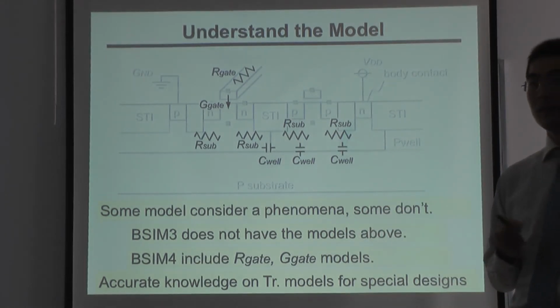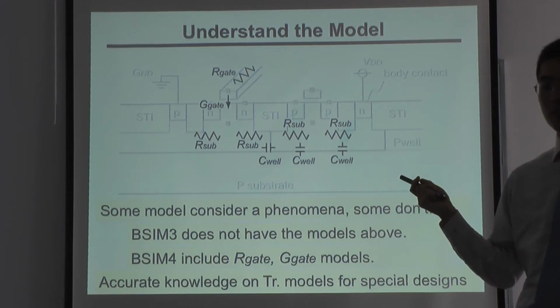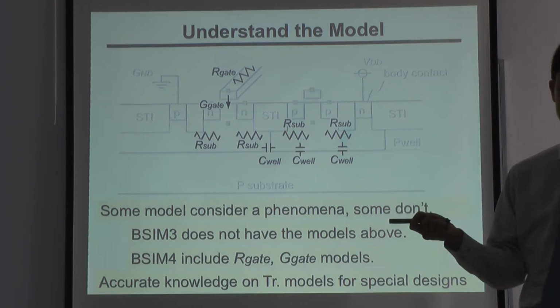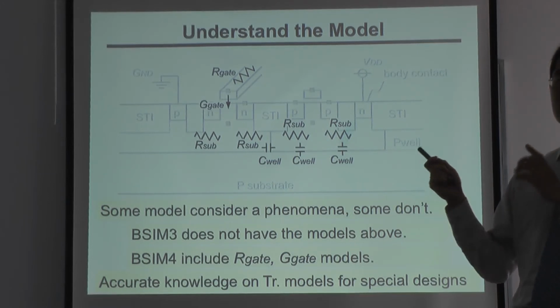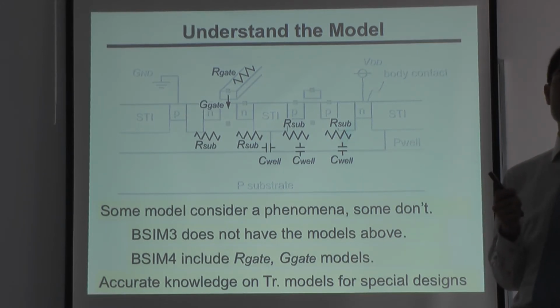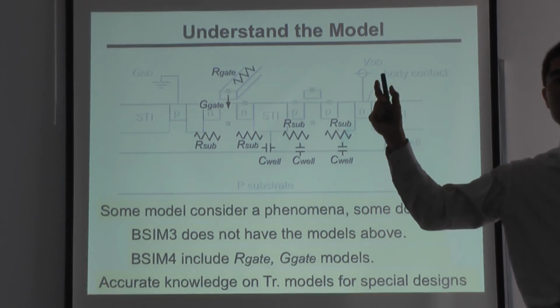So maybe if you use 0.1 micron technologies, for example, level 1 might be enough. But once we have 28 nanometers, the physics at 20 nanometers and the physics at 1 micron are quite different.